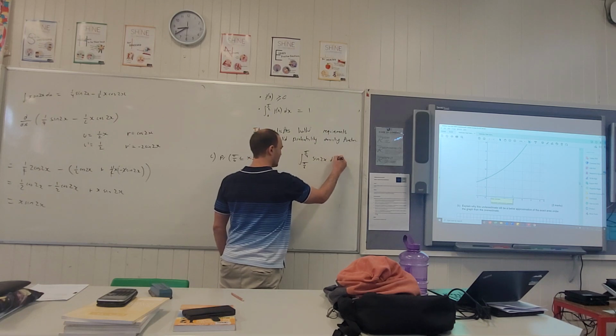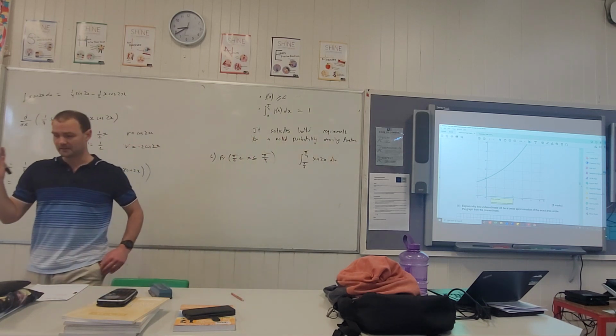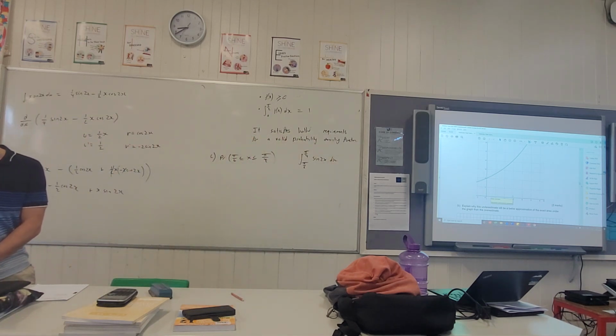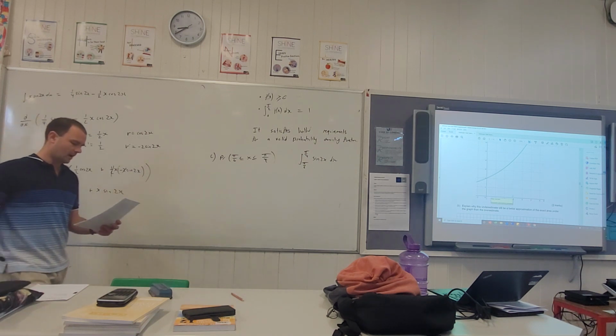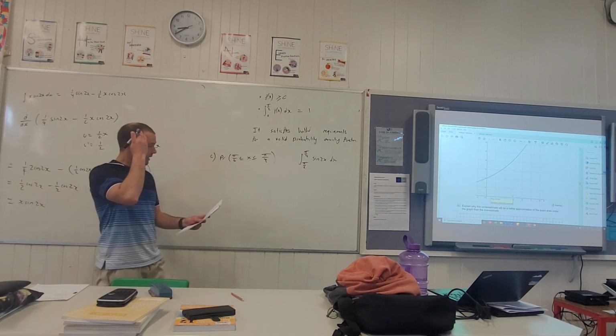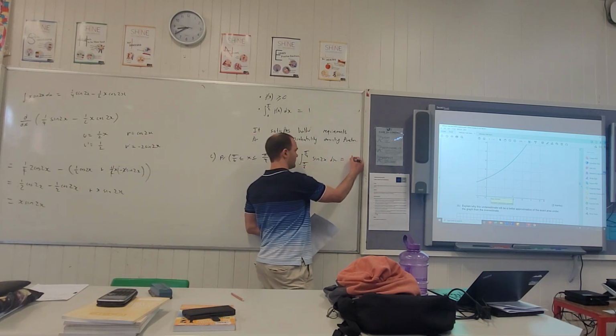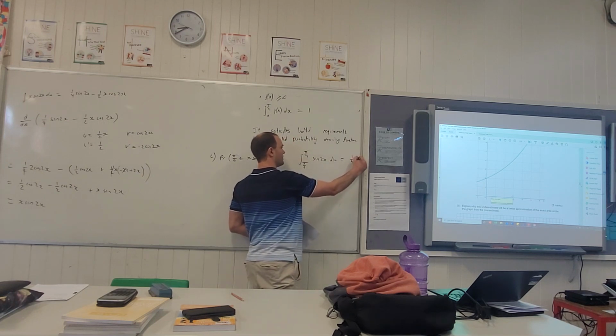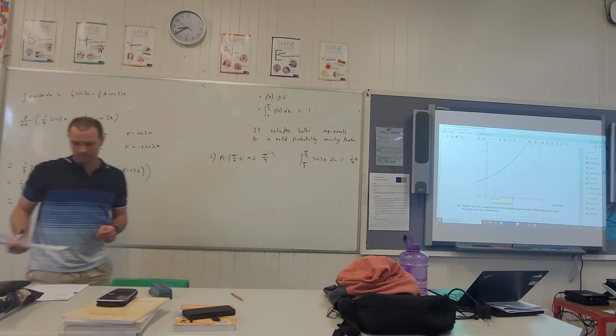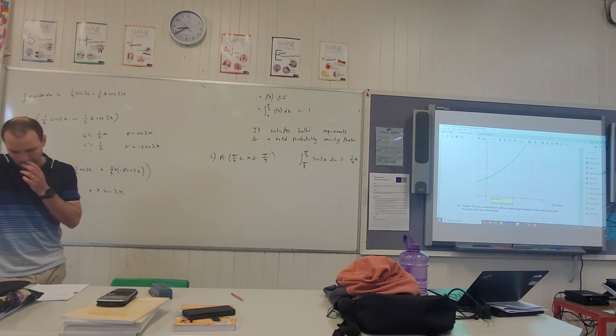This is only worth 1 mark, so I'm going to put that in my calculator. It doesn't even say find it exactly, so it just says find it. This is the statement I'm going to put in my calculator, and it jumps out with a quarter. So the probability of the event occurring between pi on 6 and pi on 4 is a quarter.